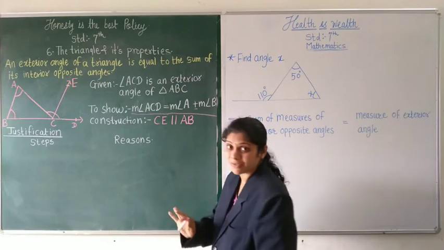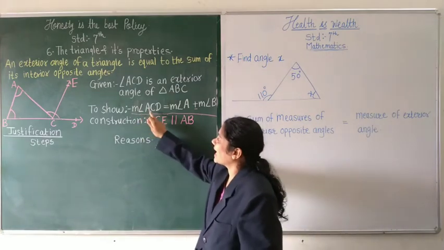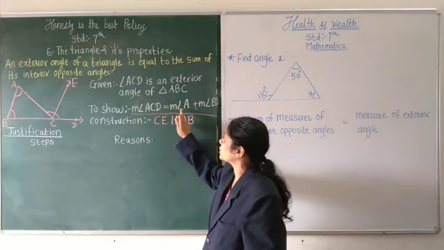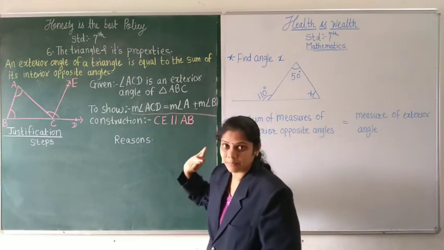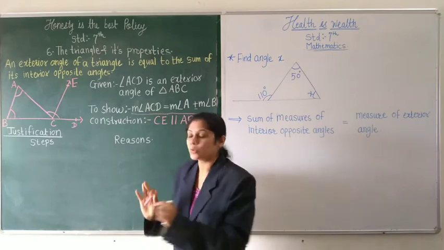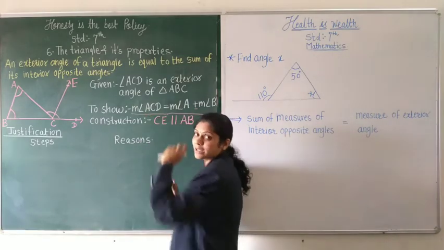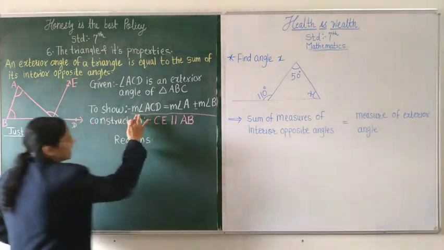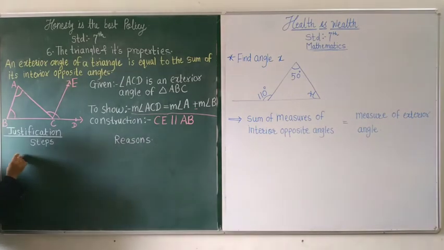Now look here, what we have to prove: measure of angle ACD is equal to measure of angle A plus measure of angle B. So where is ACD? First of all, we will think about the left hand side of our given equation, measure of angle ACD.